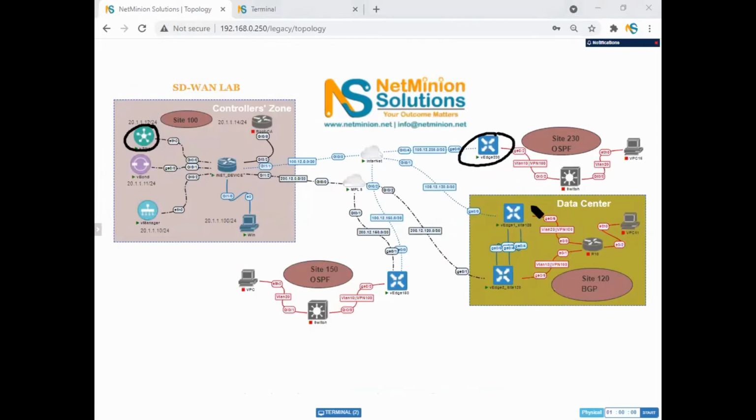This is 230, this is 121, 122. The site is 120, router 1, router 2, and this is the 150 site, so we have the WAN edge 150. Now the question for you is, how many OMP peers will be on my vSmart?